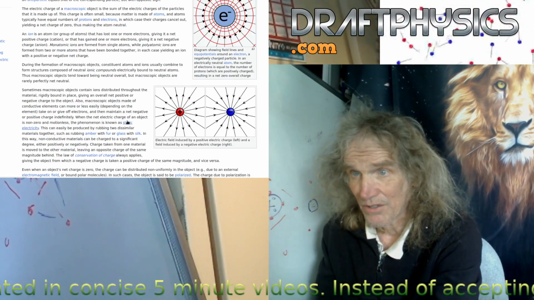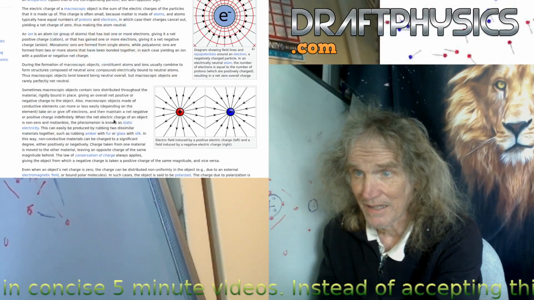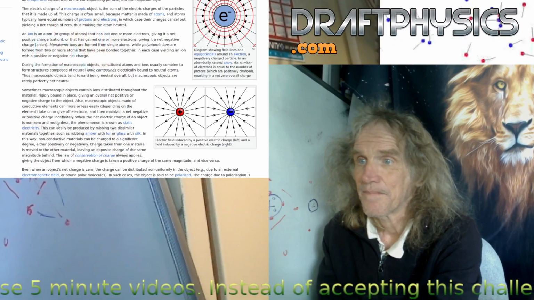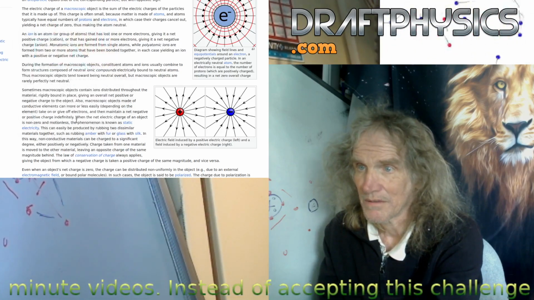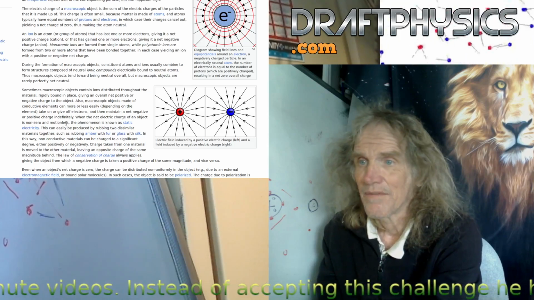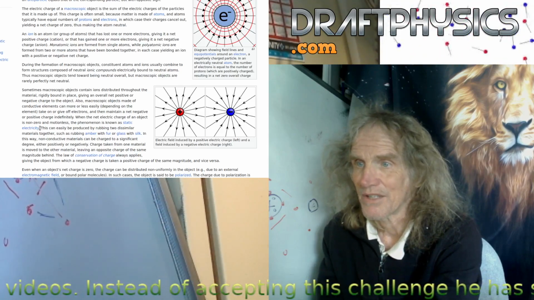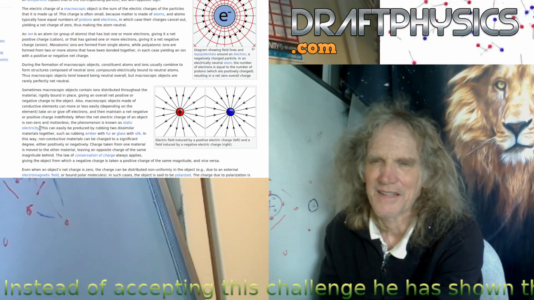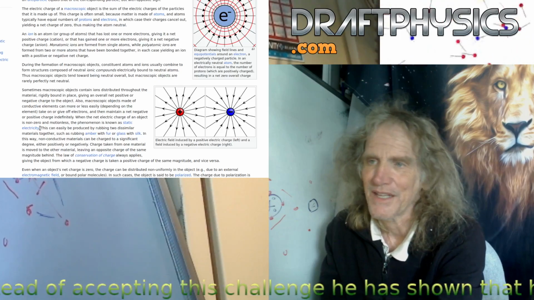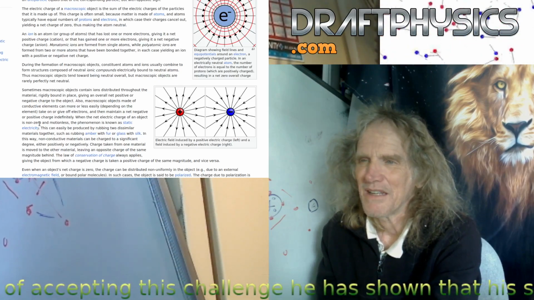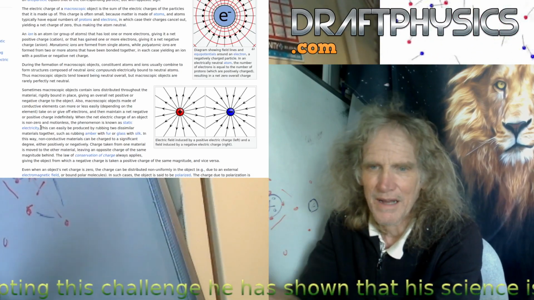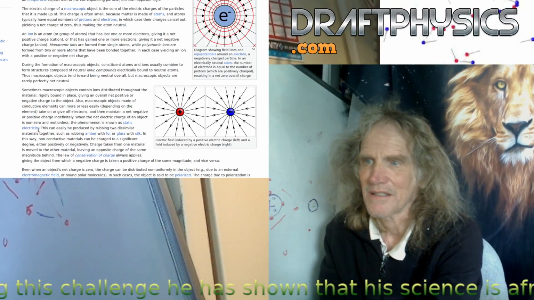When the net electric charge of an object is non-zero and motionless, the phenomenon is known as static electricity. So the idea of whether or not it's motionless is something you don't need to bother thinking about, because obviously it could be doing a lot of moving around, but the density of the charge stays the same.